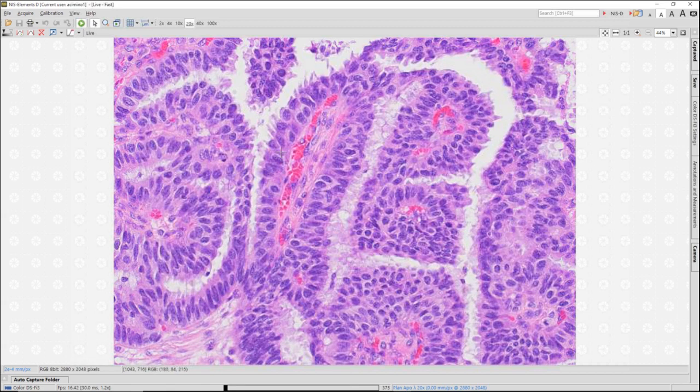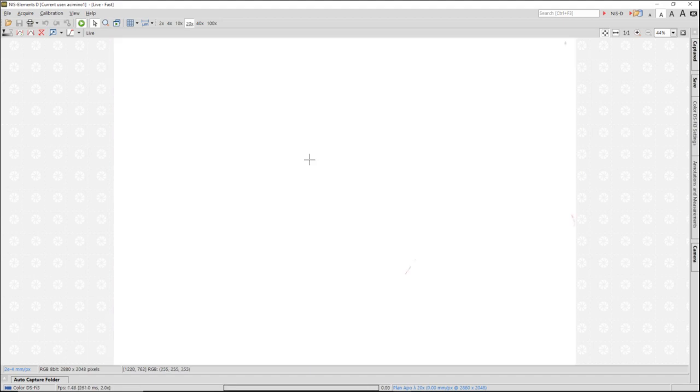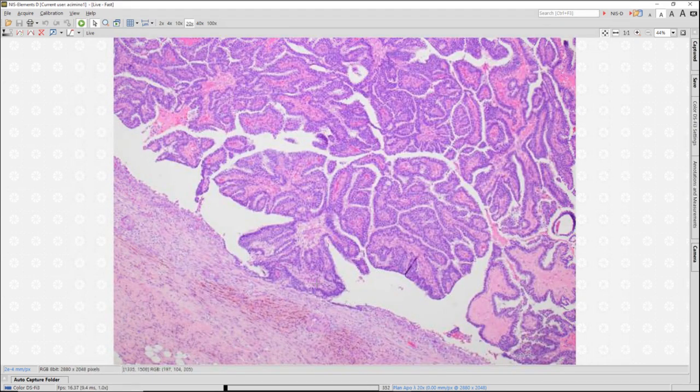Just because I don't definitely see the myoepithelial cells doesn't mean they're not there. So I would definitely do an immunostain here. If I did see a nice clear layer with my eye, I would feel reassured, and I may not need to do the myoepithelial stains. So my differential for this lesion is encapsulated papillary carcinoma or papillary DCIS, depending on whether or not I still have myoepithelial cells at the periphery.